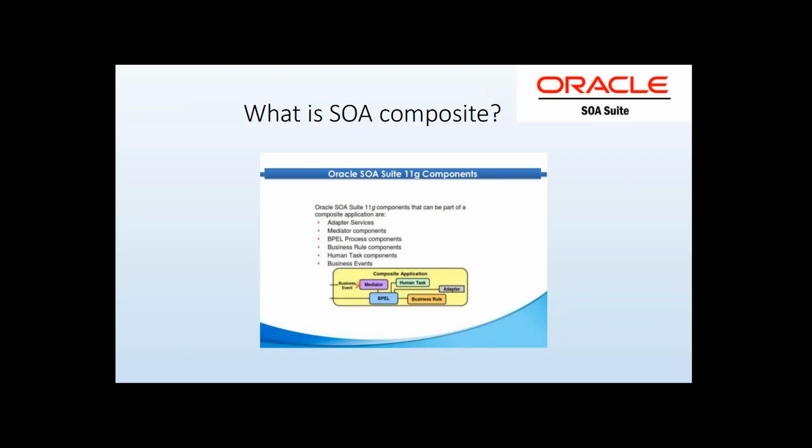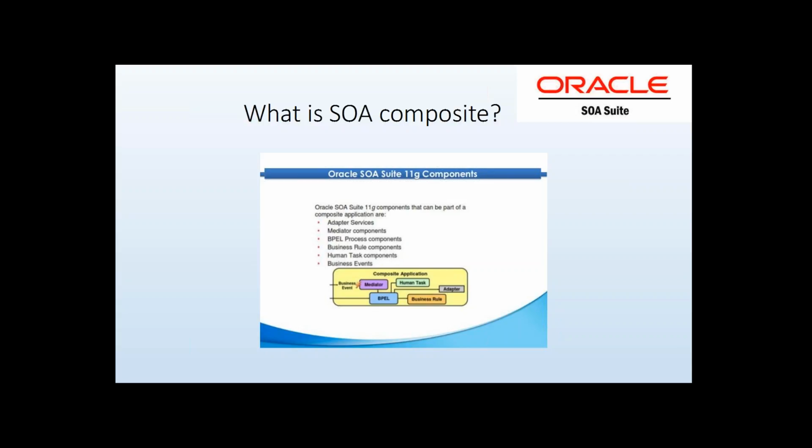These are all the components, and all together these components become a composite. In a description, we can say a composite is a combination of multiple components, and depending on our organization's requirements, we can have either one component or 100 components. Either way, we still call it a composite.